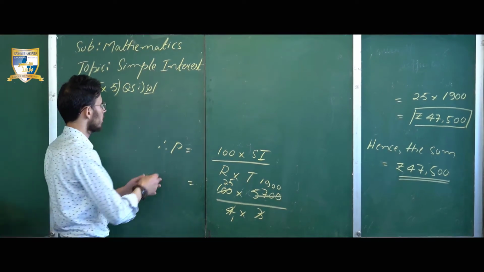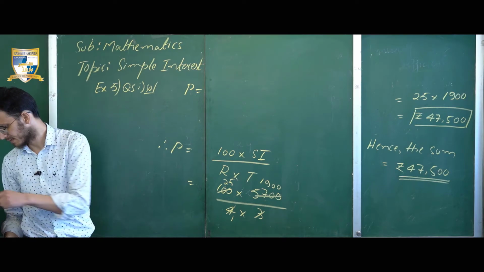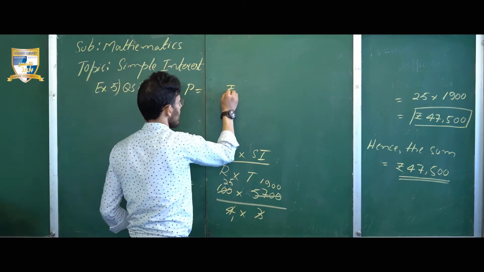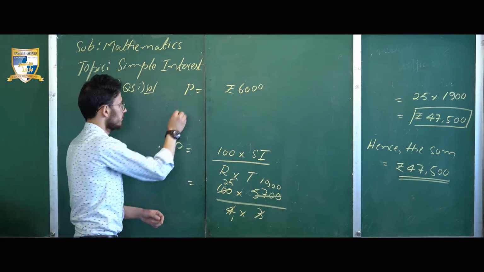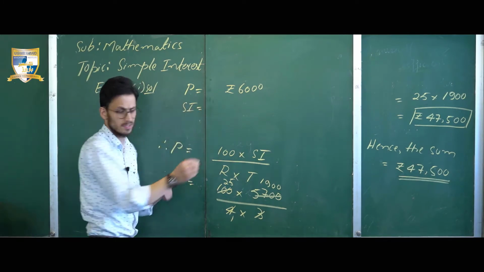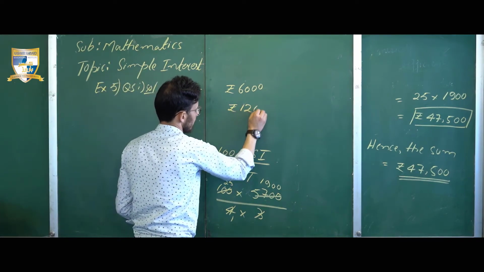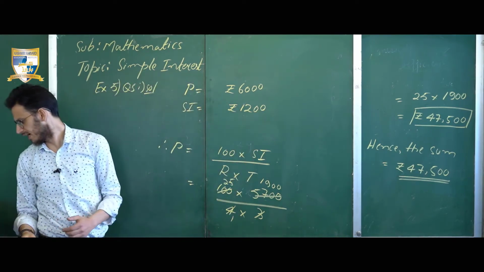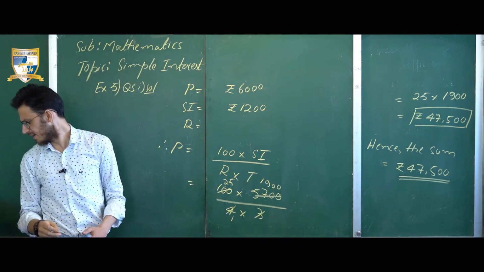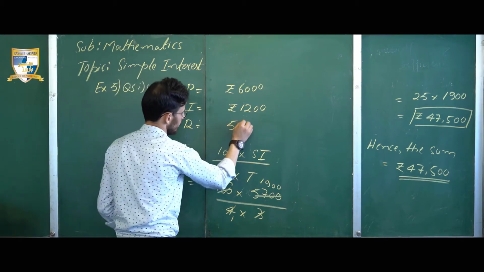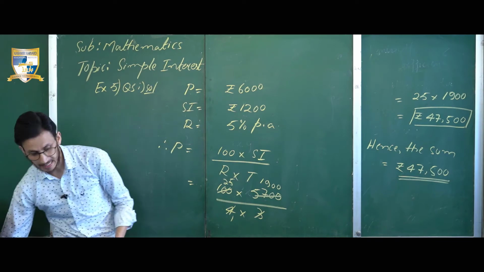Principal is also given, which is equivalent to P is equivalent to 6,000. Now our simple interest is also mentioned in the question, which is equivalent to rupees 1,200. And our rate is given, which is equivalent to 5% per annum. Now the question is asking for the time.